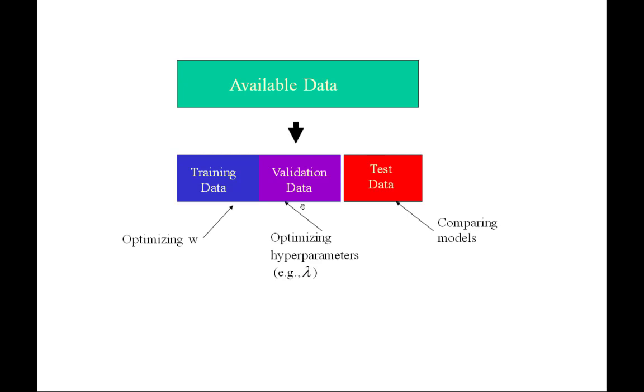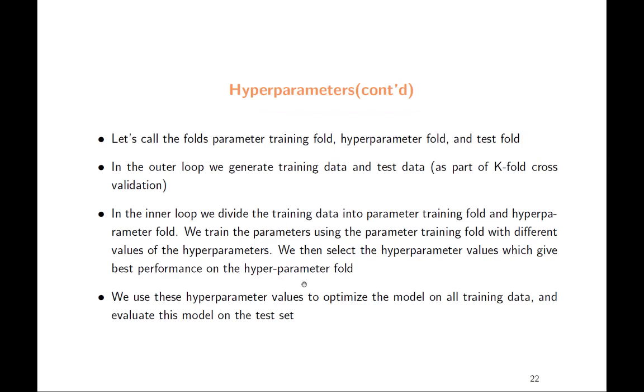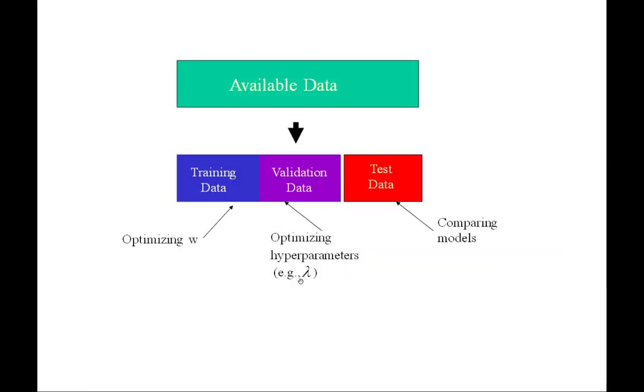So we can optimize hyperparameters, but they should be optimized within the data which we have reserved for training, and we should not look at the test data. And then we can do it for every fold and get the same stuff. And then at the end, we have maybe also a good idea of what the lambda is, the hyperparameter. In this case, we assumed, for example, a hyperparameter lambda.